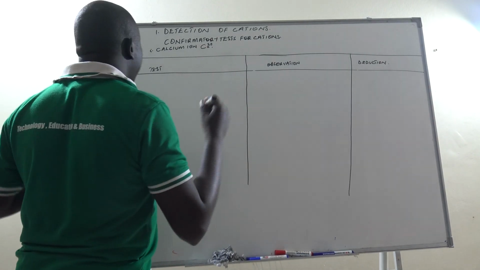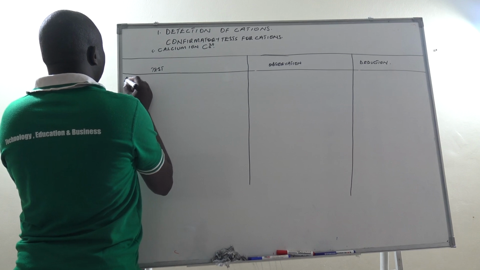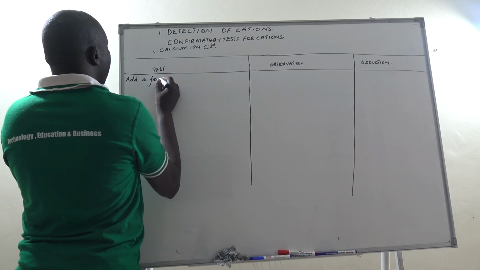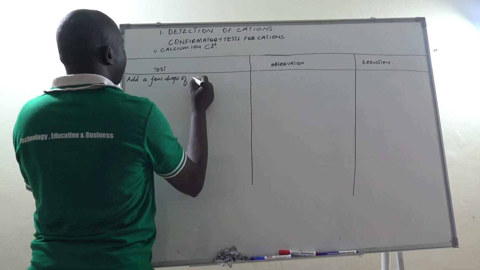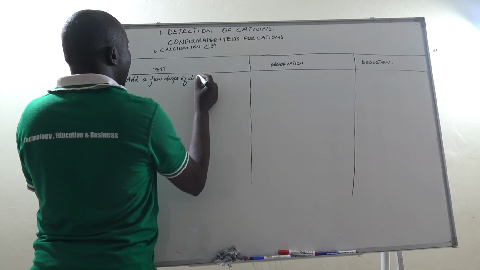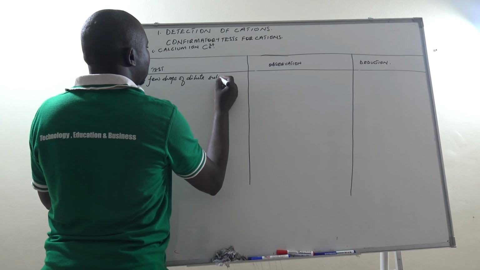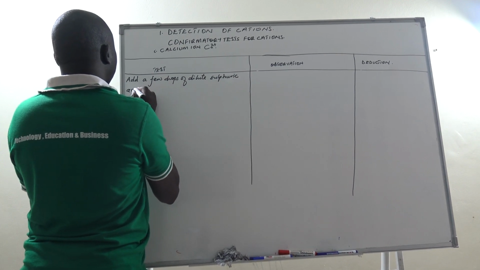Now, for calcium ion, we can add a few drops of dilute sulfuric acid.